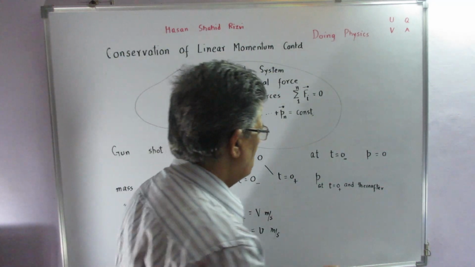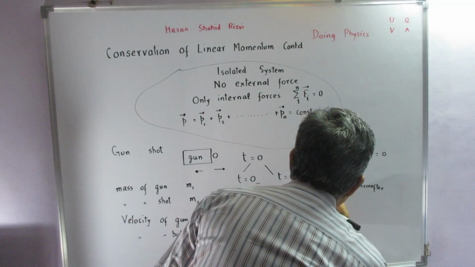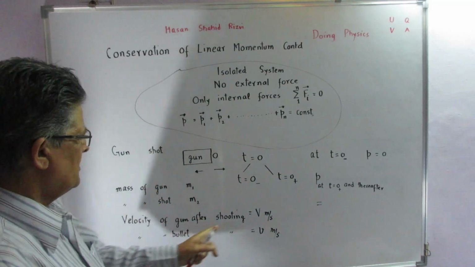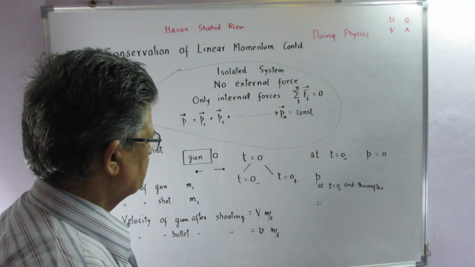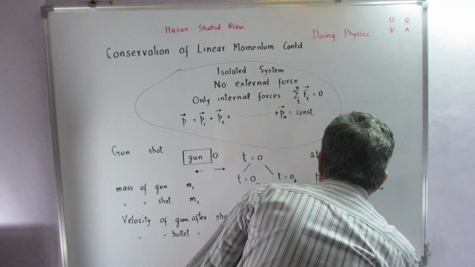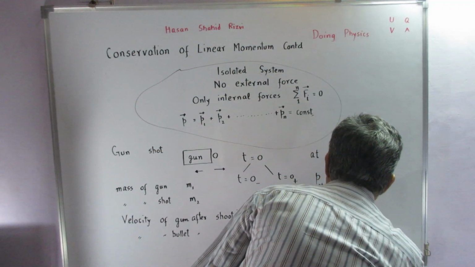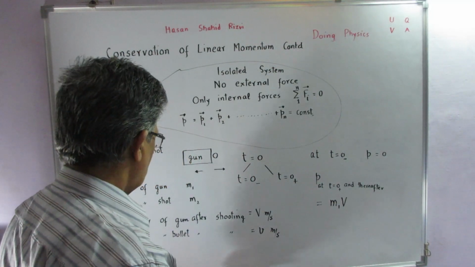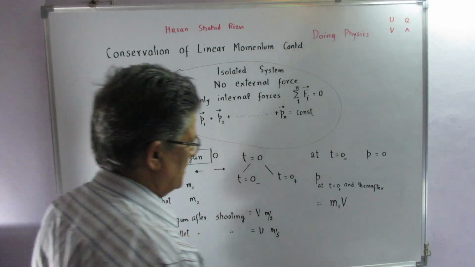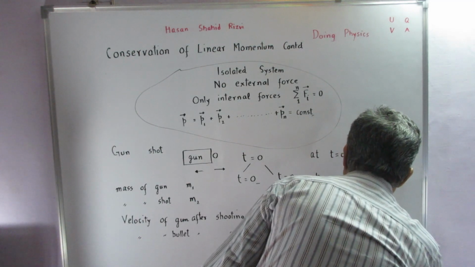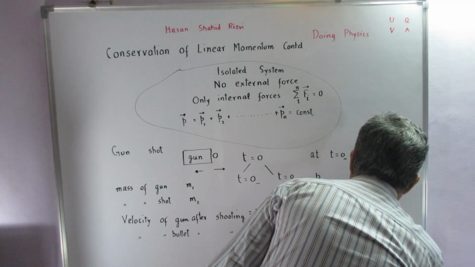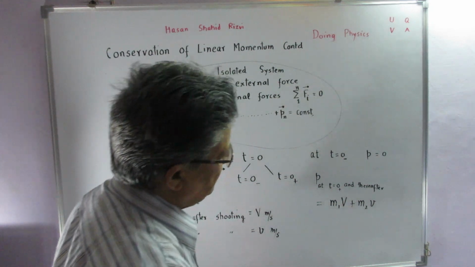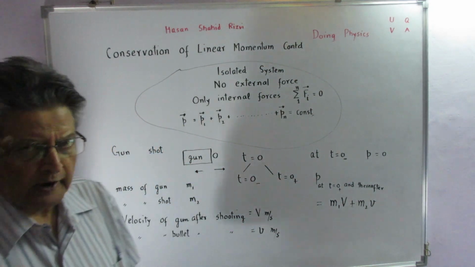This is equal to, I can now write as separate masses, m1 that of the gun multiplied by the velocity of shooting V, so m1V plus m2v. And then we apply the simple law of conservation of momentum.